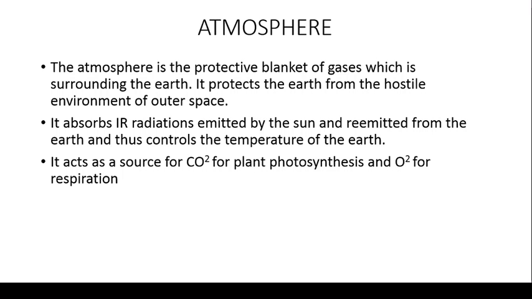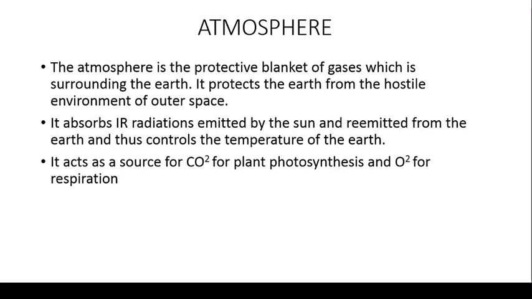First, talking about atmosphere, the atmosphere is a protective blanket of gases which is surrounding the earth. This atmospheric blanket protects the earth from outer space, that is from the high temperature of the sun which comes to the earth.